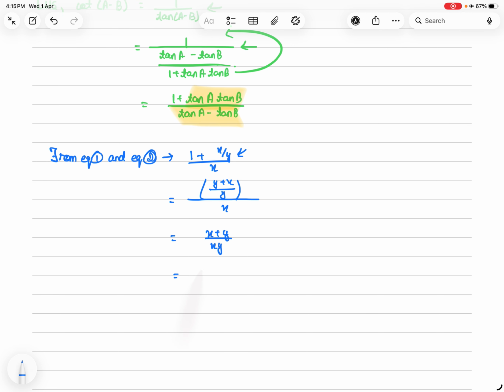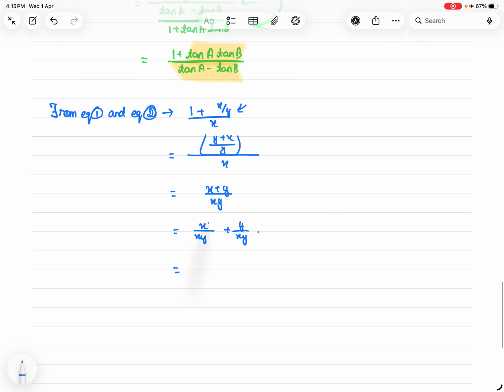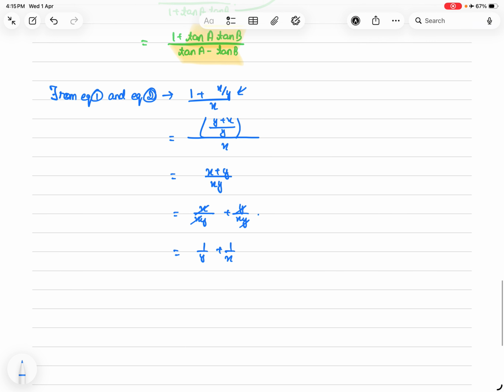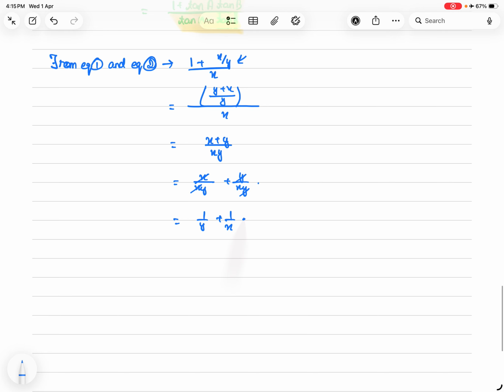Now look, I can convert this into x by xy plus y by xy. That is cut. I'll get 1 by y plus 1 by x. And this is our RHS. You see this, right? So this is our RHS, comma, RHS. Hence proved. We have proved this question, and this is how you're supposed to solve it. Hope you have understood, right?